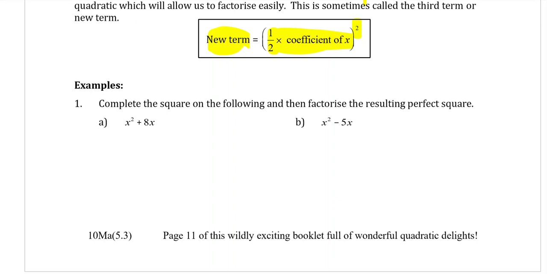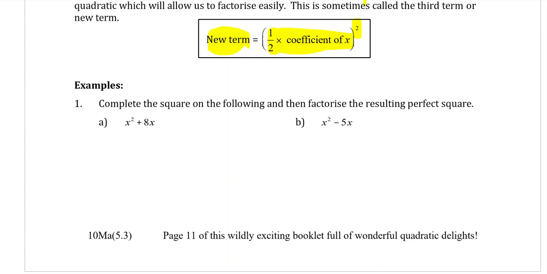In question 1, it says complete the square on the following and then factorise the resulting perfect square. So you can see that we only have two terms here, but we're just going to be practicing because normally we won't have equations or problems that look like this. It's not an equation, but it's a starting point, just learning how to find that third term.